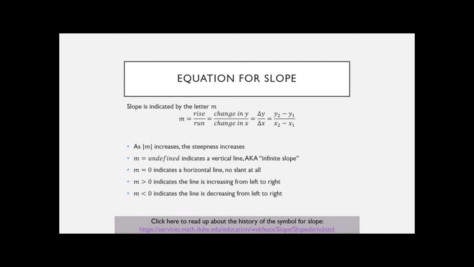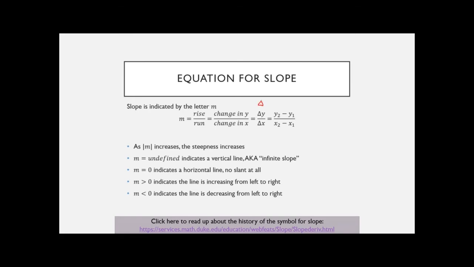So if you look at an X and Y, you're looking at your change in Y, which is the rise, over the change in X, which is your horizontal distance. A shortcut to writing that is with these delta symbols. You see the little triangles.